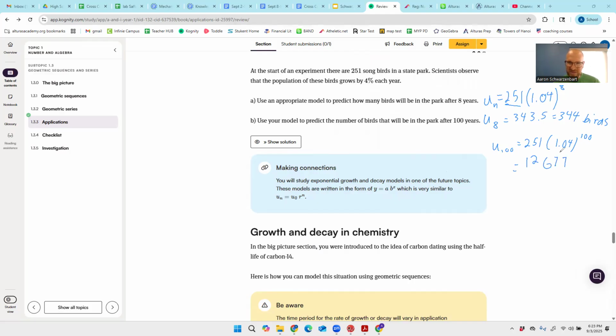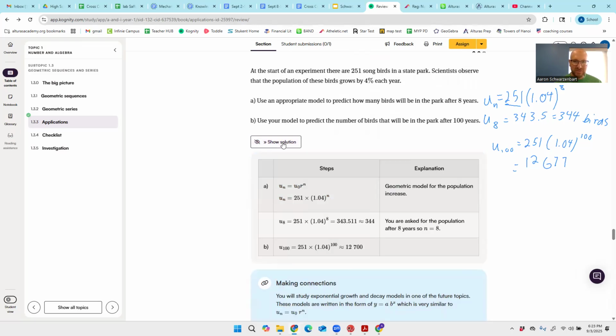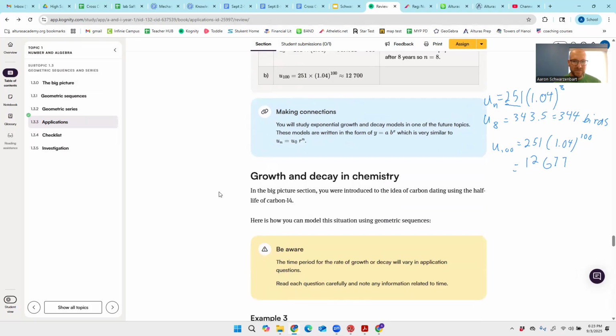So I'm going to make it 677. Going to double check that they agree with my, yep. Oh, they rounded to three significant digits. We'll get to significant digits. Don't worry about the rounding for now.